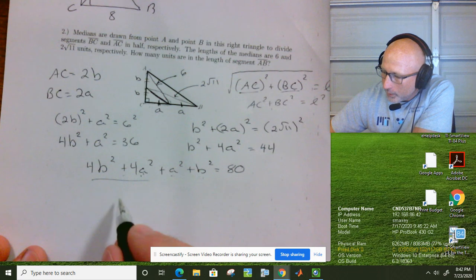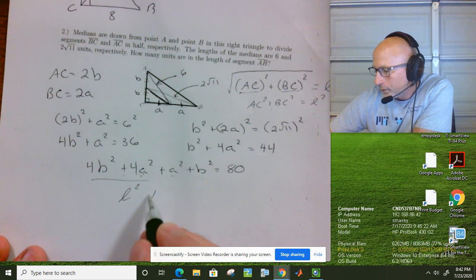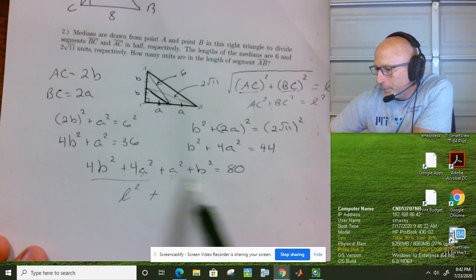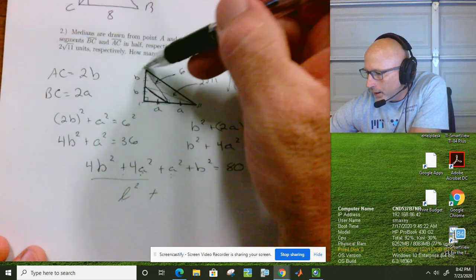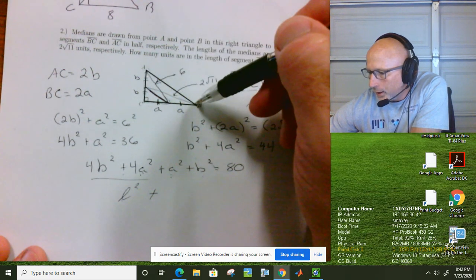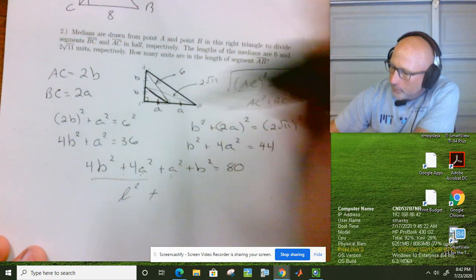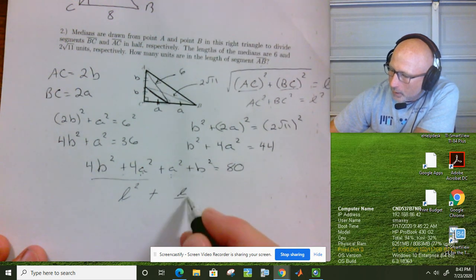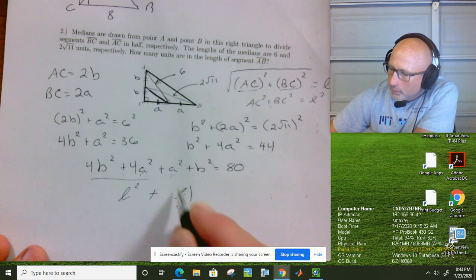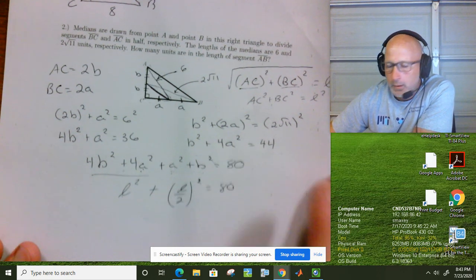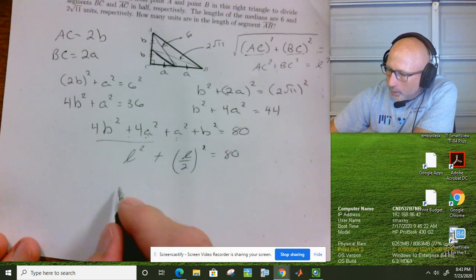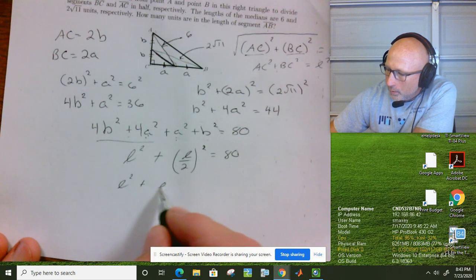And then plus, well, L stands for the length of this, so this length should be L over 2. So this would be L over 2 squared, and that's going to be equal to 80. So I have L squared plus L squared over 4 equal to 80.